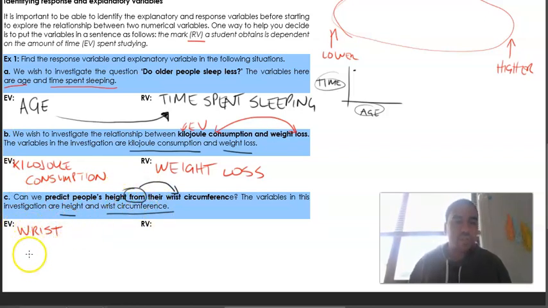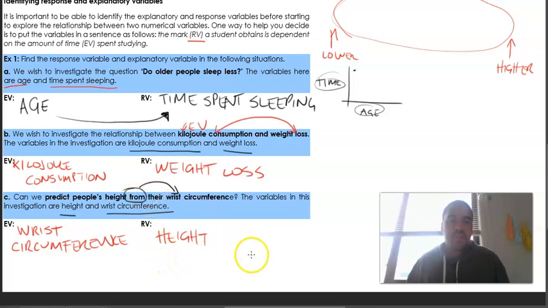It's coming from this. Can one determine the other? From this, we can say that the wrist circumference is the explanatory variable. It has to be. Okay, so the response is the height. And think about it this way: someone has a small wrist, you can say, oh, yeah, they're quite short.